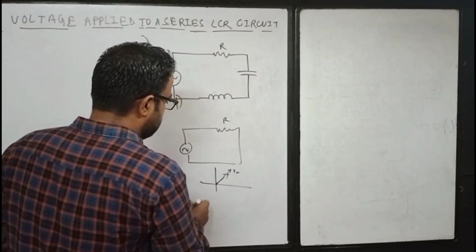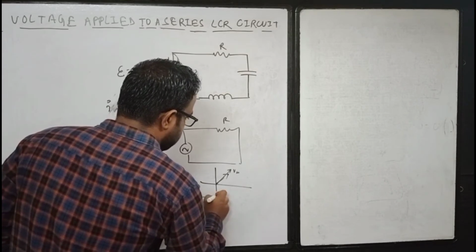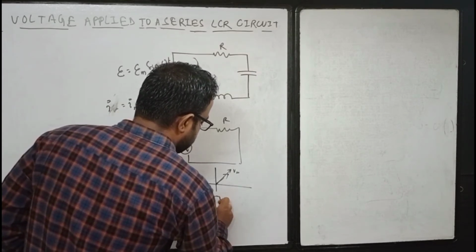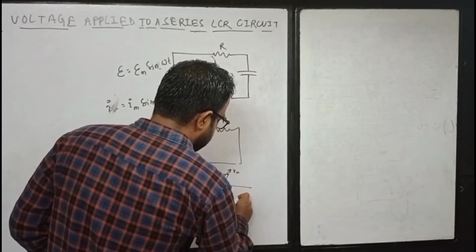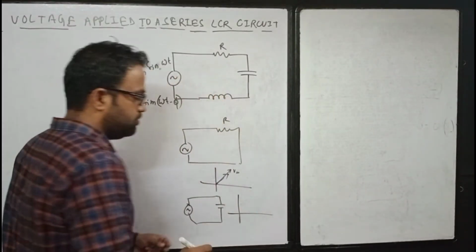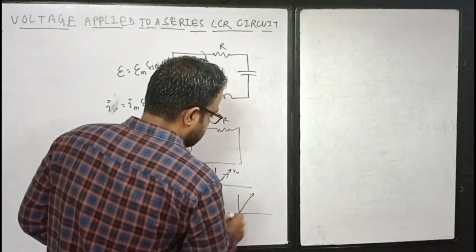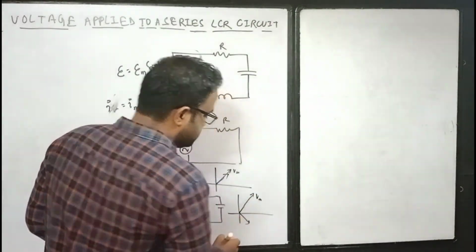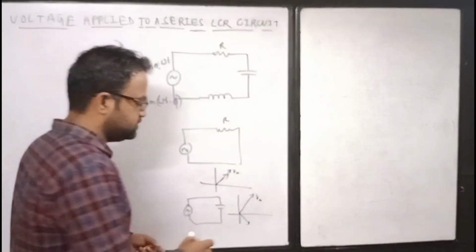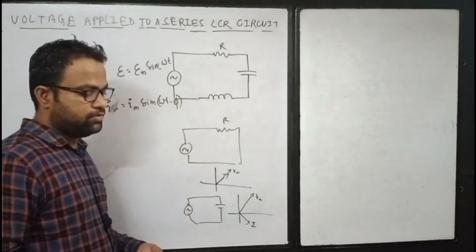And we also know for a capacitor only circuit, if AC voltage is provided to a capacitor only circuit, then the phase relationship between your voltage and current is that, suppose this is your Vm, your current is lagging behind the voltage, that means this will be the I here, or Im.